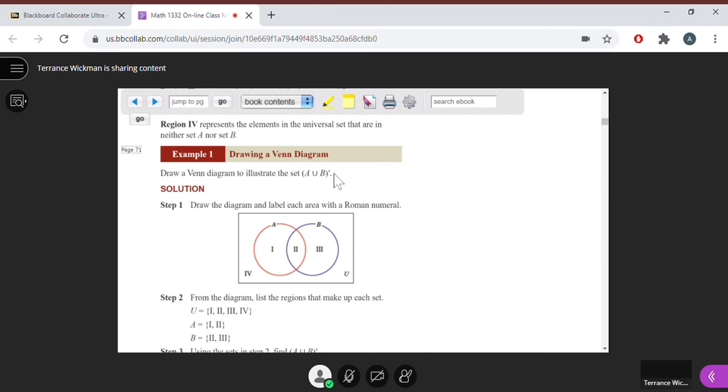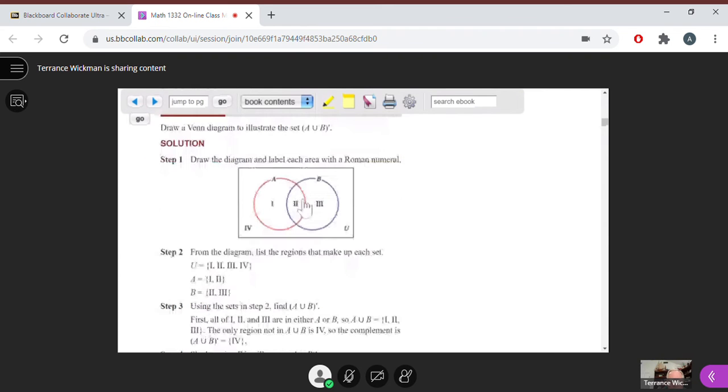This little apostrophe there means not that stuff. So A union B, as you can see here, is 1, 2, and 3. And then not that would be the stuff that's not in there.